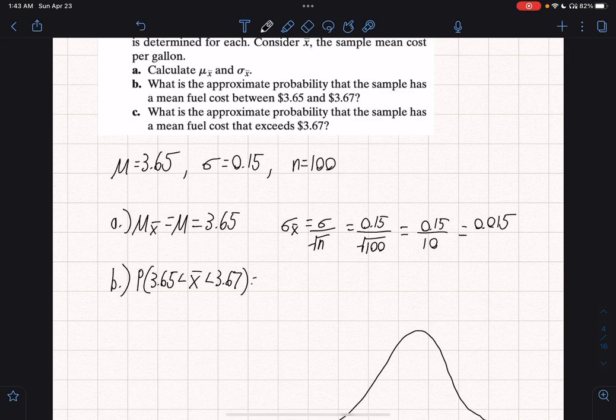So I can now perform z-score transformation. So I have probability 3.65 minus our average, which is also 3.65. But now the key is that instead of dividing by 0.15, we're going to divide by 0.015.